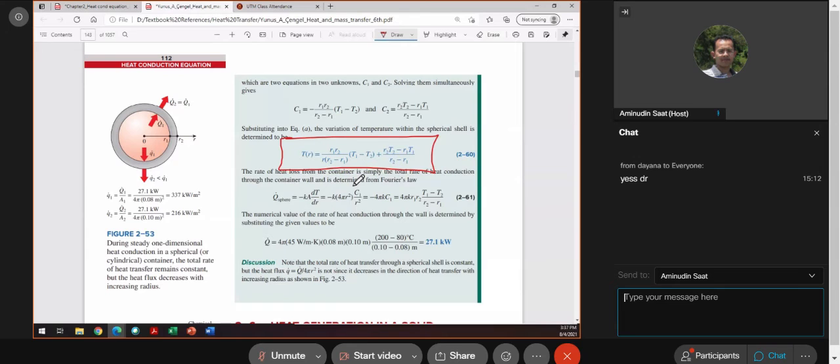Like I say, cylindrical and spherical are not common in terms of analysis, especially the spherical. Cylindrical is useful to analyze the tube shape, the cylinder shape. That is more common, but spherical is less common when you want to analyze heat transfer.